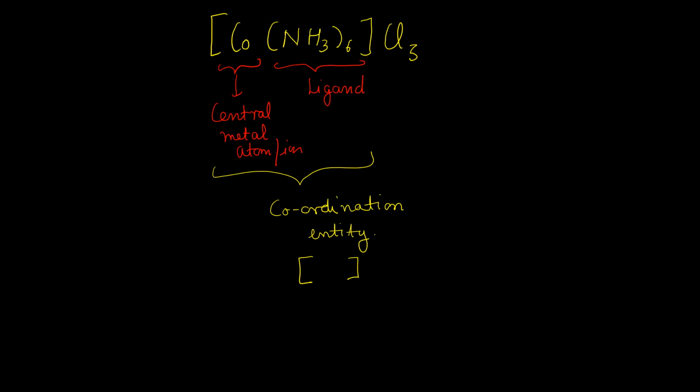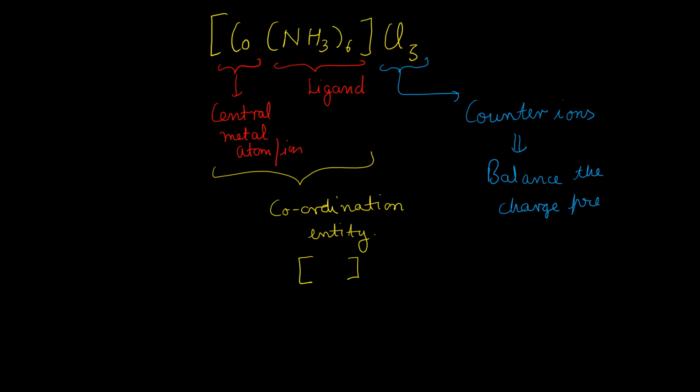Second, outside this square bracket, these 3 chloride ions are there. These ions are called counter ions. These counter ions simply balance the charge present on the complex part.